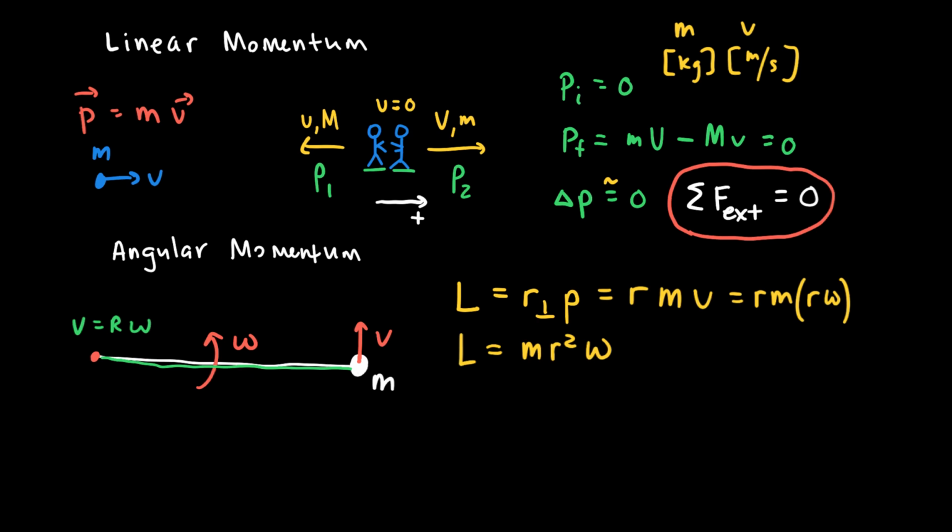If I have a point mass, an object where all of its mass is concentrated at one point, the moment of inertia of that kind of object is just m r squared. There's no number out in front. So I could write this equation that I have now as the moment of inertia, I, times omega.